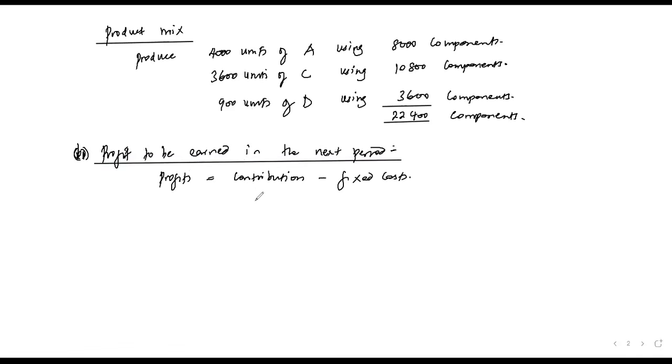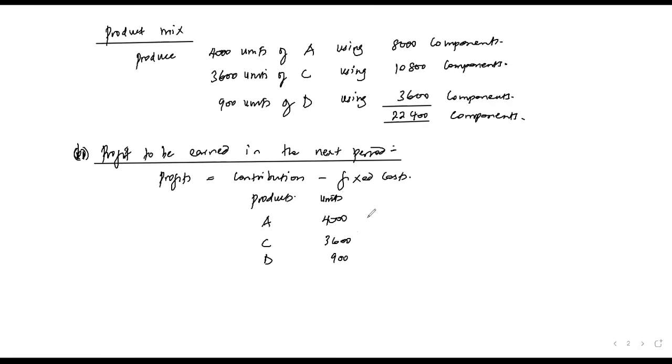So I have my products here. We are going to produce A, C, and D. How many units? We are going to produce 4,000 units for A, 3,600 for C, and 900 units for D.